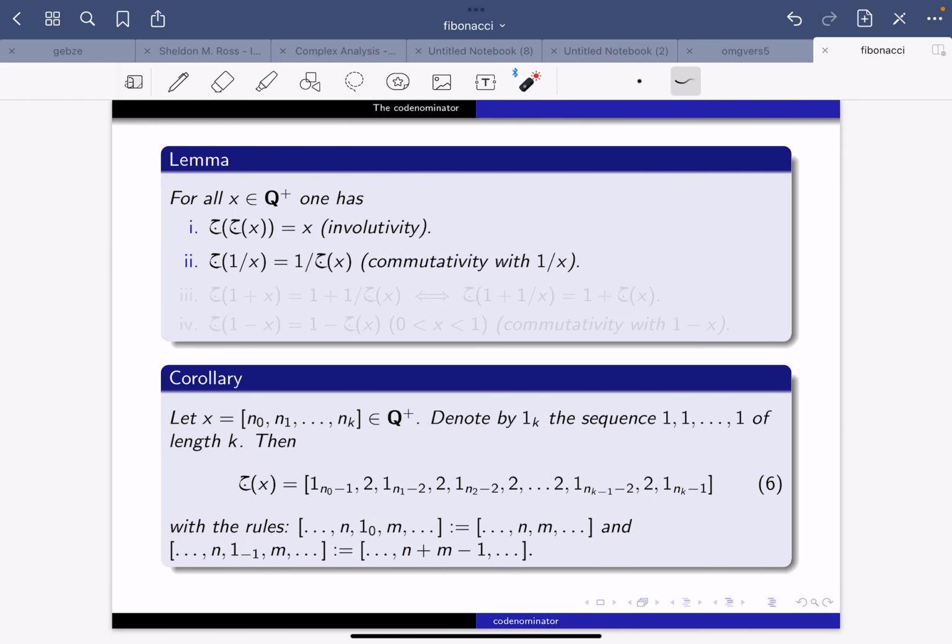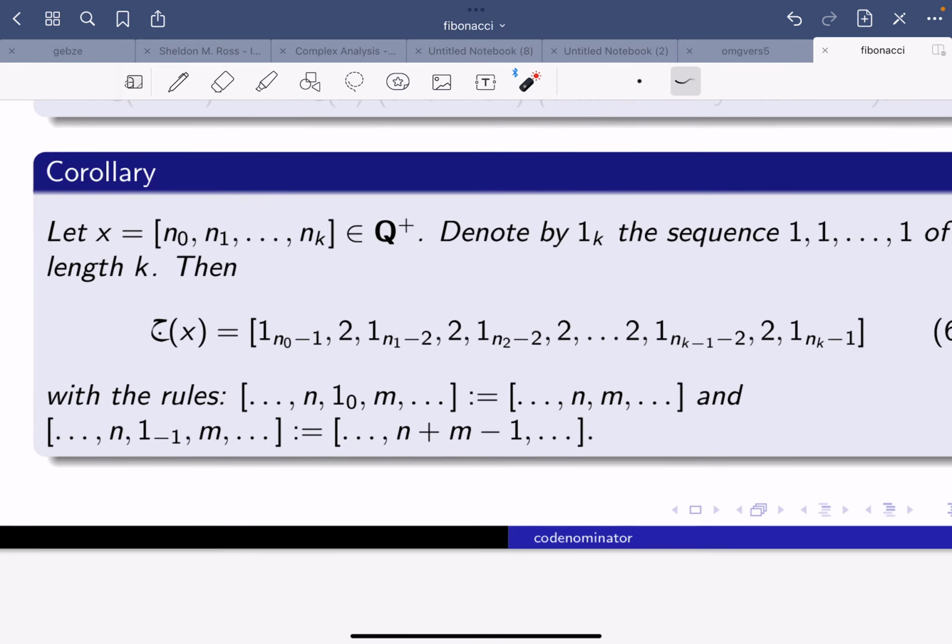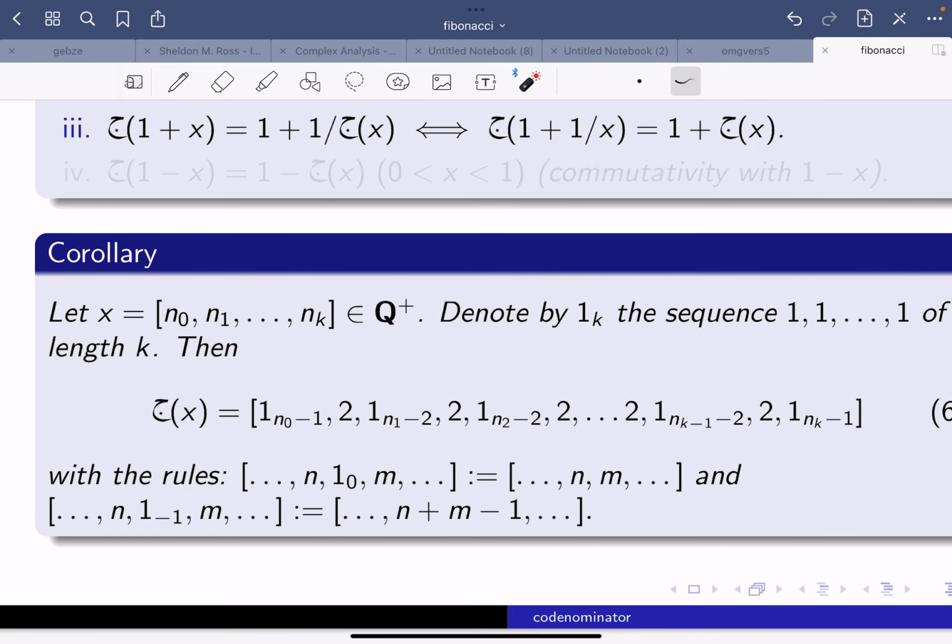Now, once we prove these functional equations for the Jimm function, we can compute the value at any rational given in the continued fraction form as follows. Here I have my continued fraction.